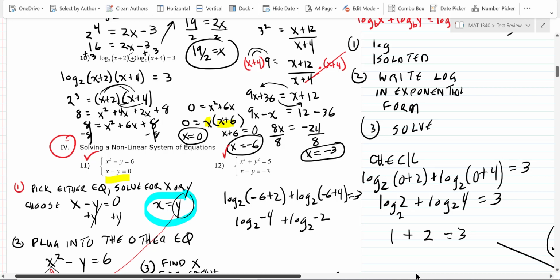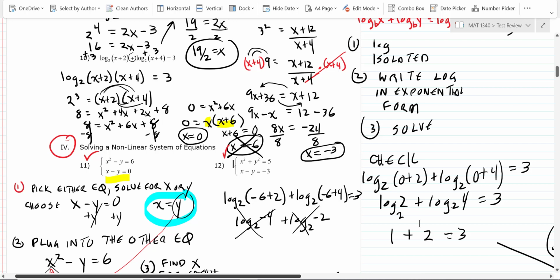You guys remember what's wrong with that? You can't take the log of a negative number. You cannot do logarithms of negative numbers, so negative 6 is not an answer. So don't give up once you get to the two answers, 0 and negative 6. You have to verify them.